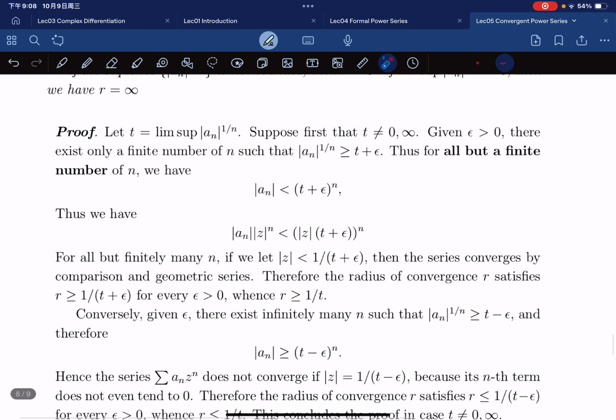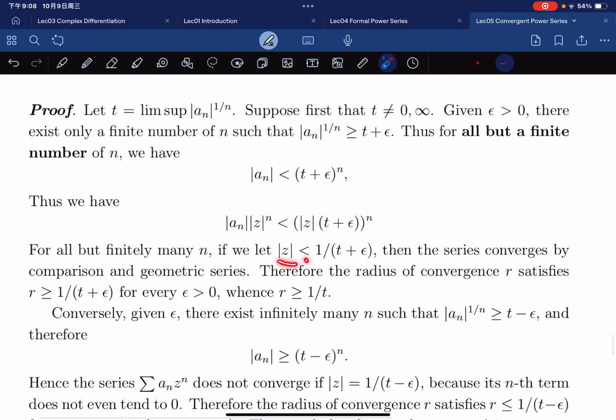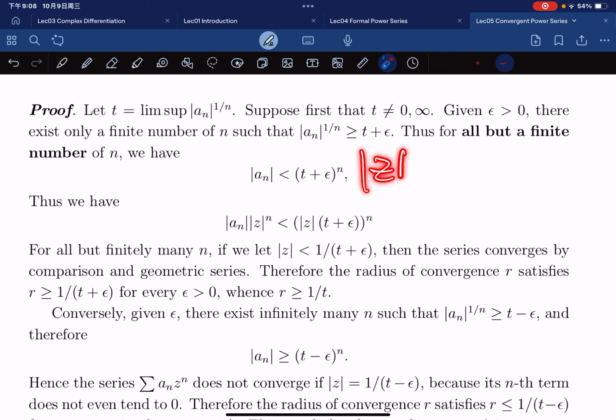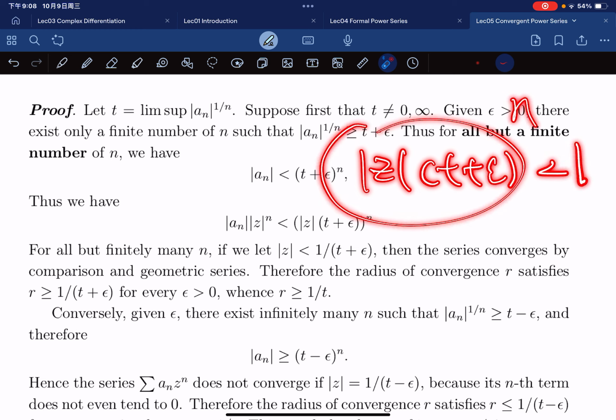Now, we just require norm z less than 1 over t plus epsilon, right? If this is true, then norm z times t plus epsilon will be less than 1, which means that this geometric series will converge.